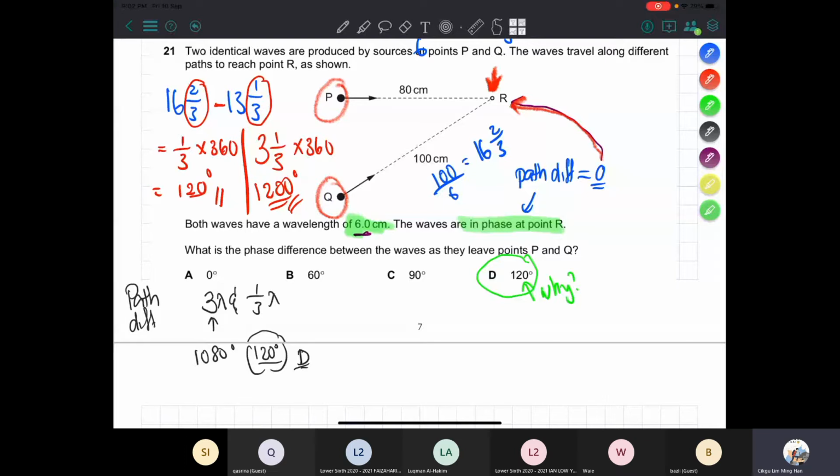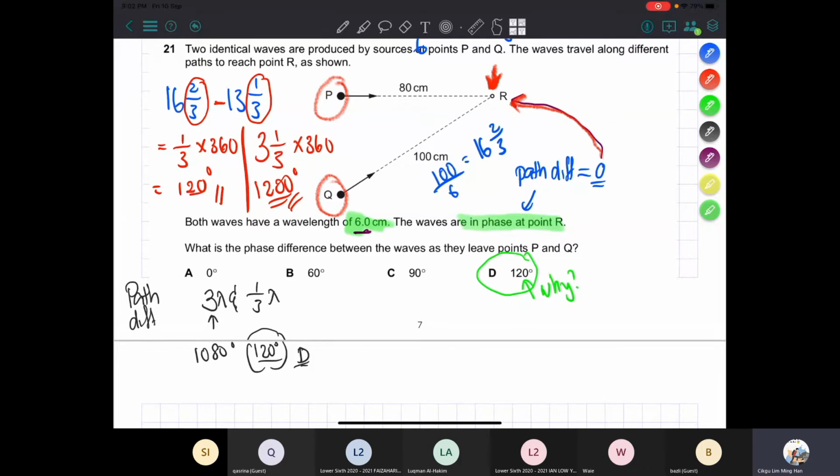That's what we're trying to do here. What will be the phase difference as the wave leaves P and Q? So it will be this 120. So rather than just take the fraction minus, you minus the whole thing. 16 2/3 minus 13 1/3, you get 3 1/3 times 360.